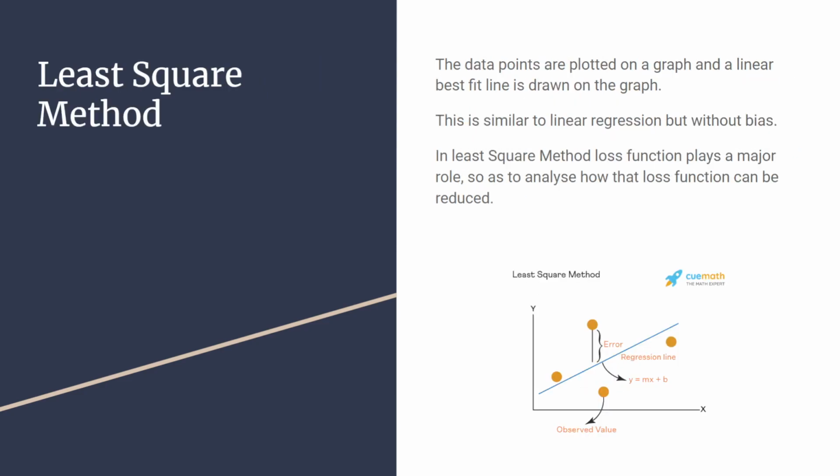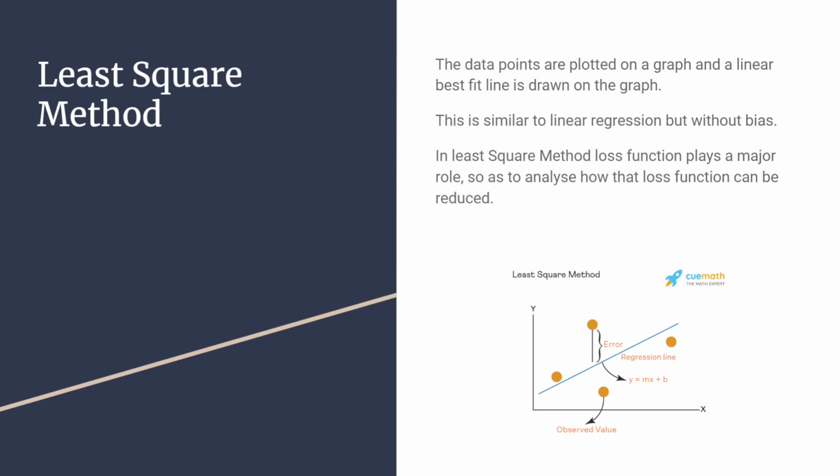This is similar to the graphical method, but the main difference is in the error, or the loss function. We can call it a loss function. So these data points are plotted on a graph and a linear best fit line is drawn on the graph. This is similar to linear regression but without any bias.